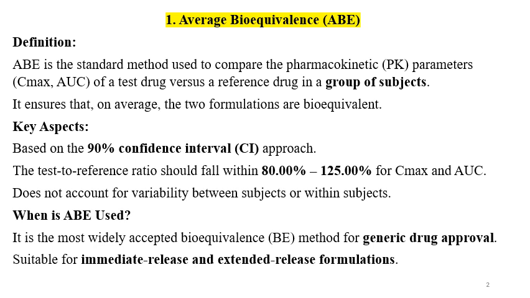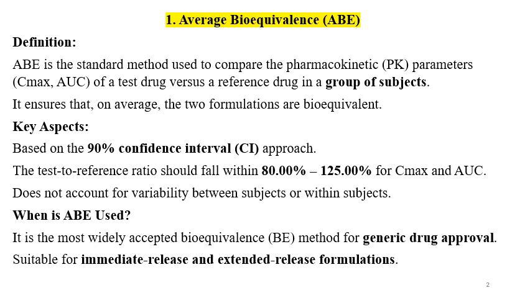So in this, the group of subjects is made, and with this group of subjects, the parameters of pharmacokinetics like Cmax and AUC are studied. So one group receives the test formulation and another group receives the reference formulation, and then the pharmacokinetics are compared. This is the simple meaning of average bioequivalence.